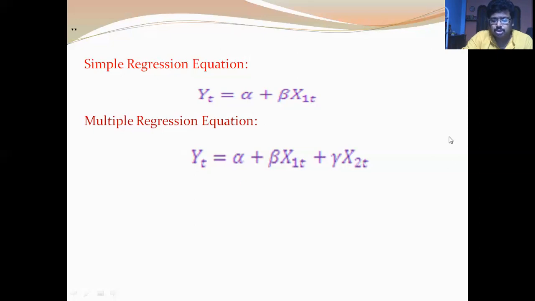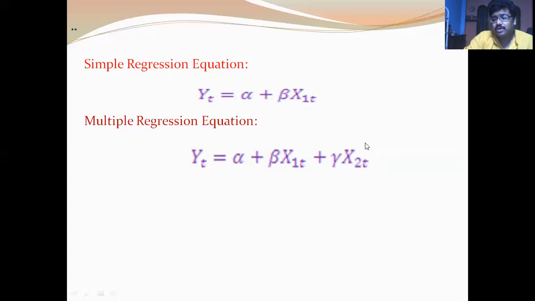In multiple regression equation, you can find an example. Y is a variable, the consumption expenditure of a family, and here suppose x1 is the family income, the income of a family, and x2 is the financial assets of a family.